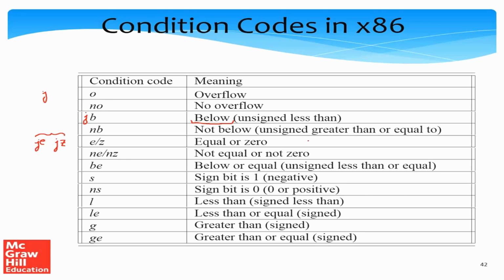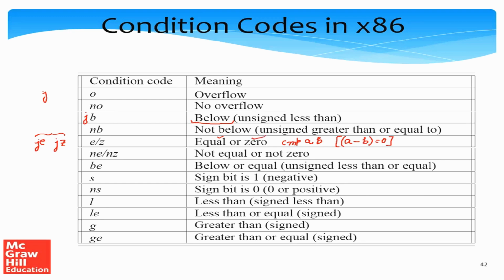Essentially, when two values A and B are being compared, what the processor actually does is that it subtracts B from A. So it computes A minus B. So if A minus B is equal to 0, it essentially means that A is equal to B. So we have equality here and it is same as A minus B being equal to 0.